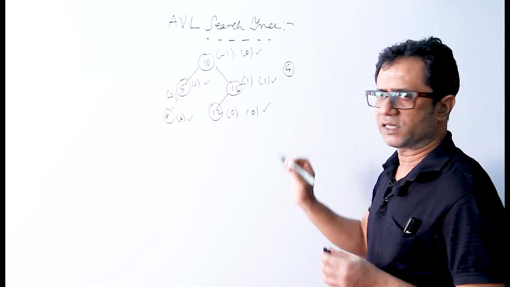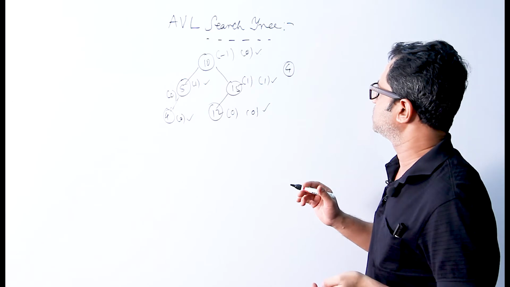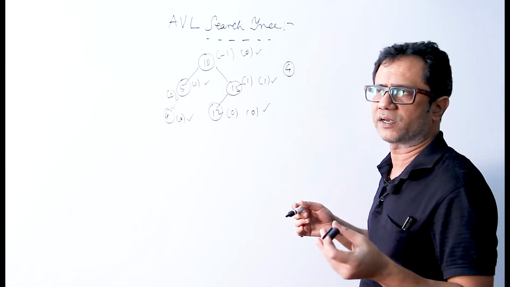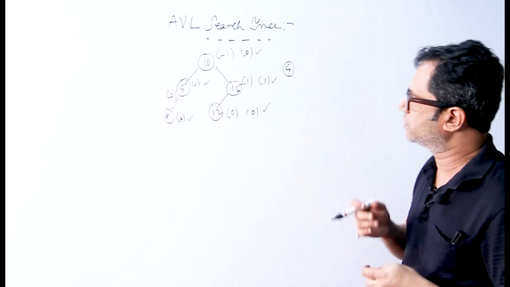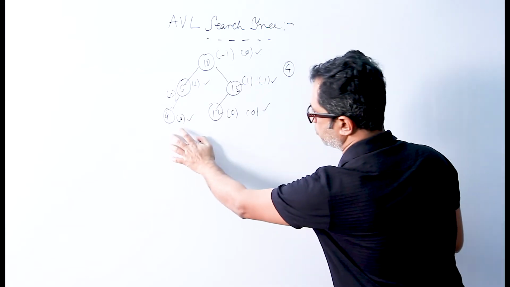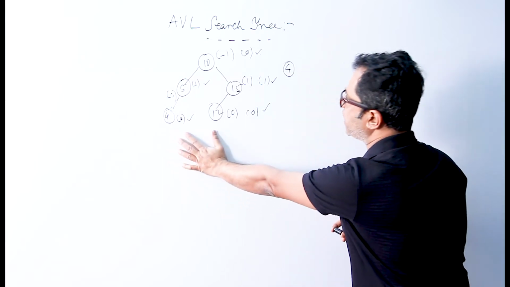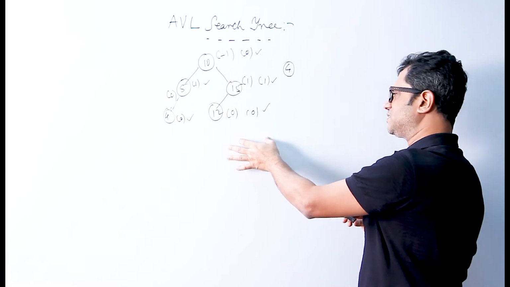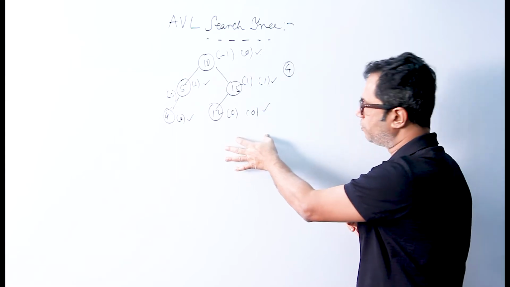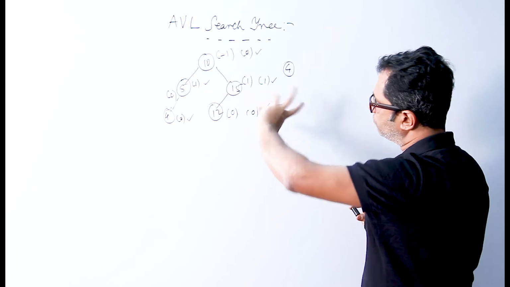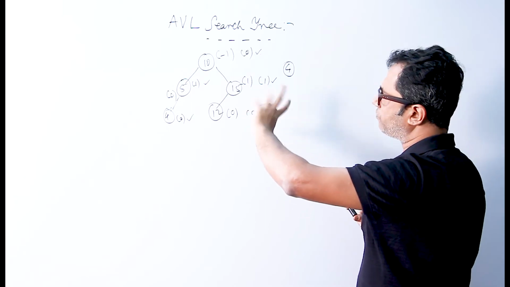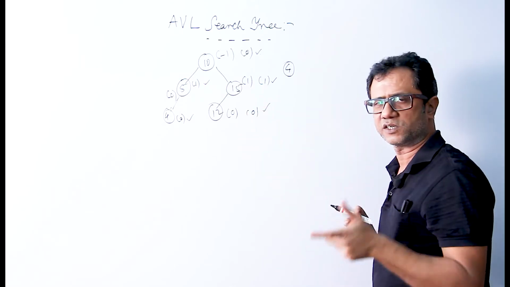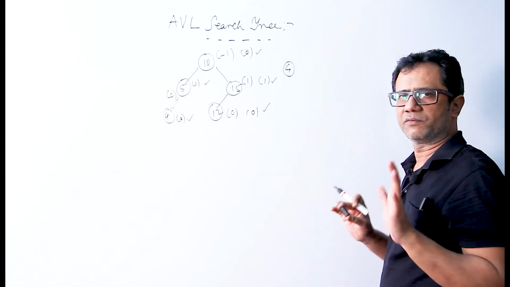Now if the insertion affects at least one balance factor, then we have to perform some necessary rotations so that the newly formed tree retains the property of an AVL search tree, so that it doesn't cease to be an AVL search tree.